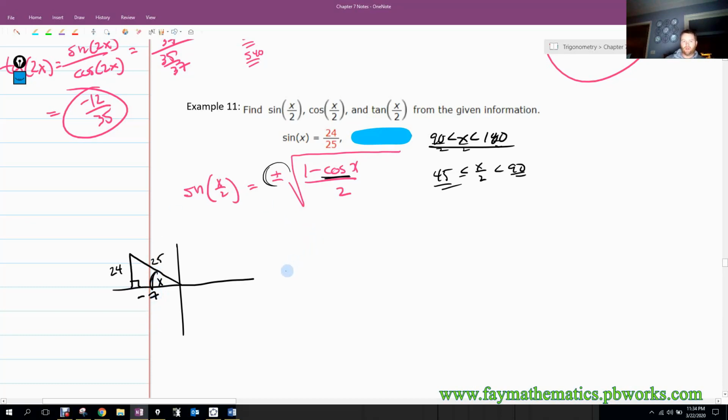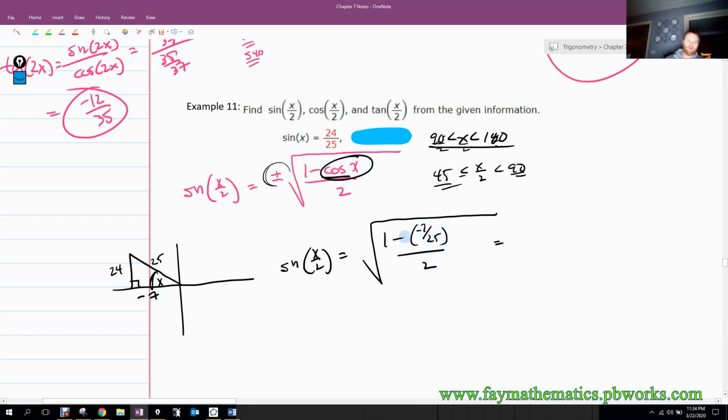Okay? So then, the sine of x over 2 is going to be the square root of (1 minus cosine of x) over 2. Well, cosine of x is replaced with negative 7/25. It's minus negative 7/25, all over 2.